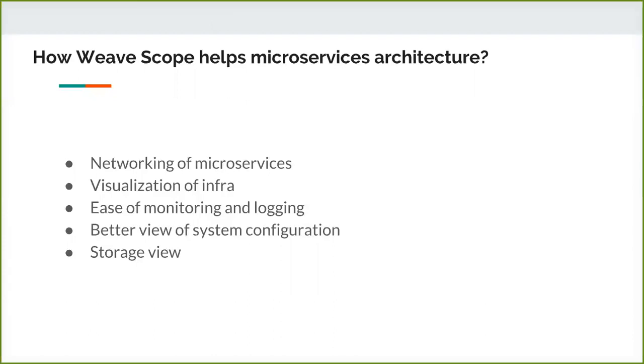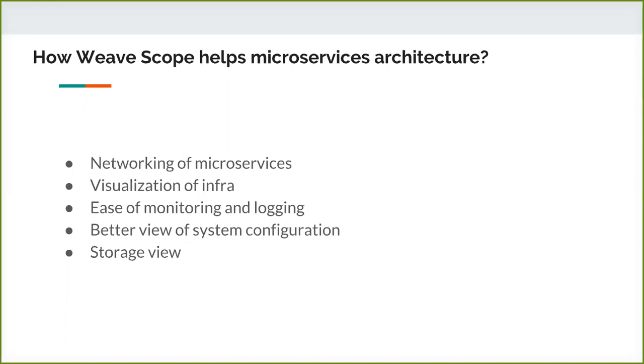let me talk about how WeaveScope helps the microservices architecture. If you are running your applications as microservices, then you may want to see the networking of those microservices, like how those services are talking with each other.